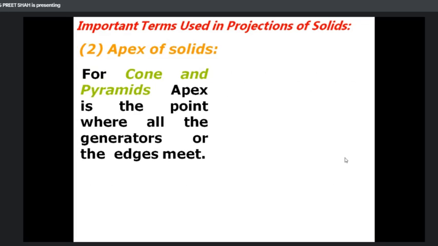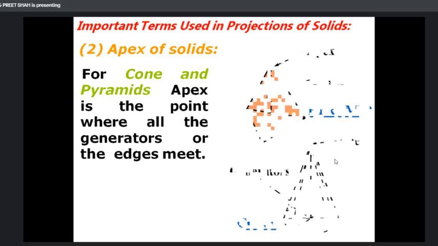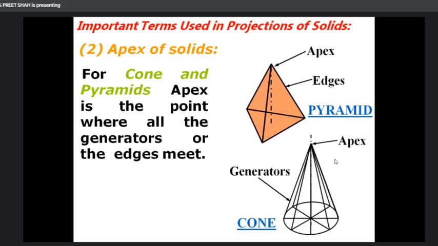Now, apex of a solid. In a cone and pyramid, the apex is the one point where all generators meet. That is called the apex of a solid. You can see here, in a triangular pyramid, all the edges are connected to one point, and that point is called the apex.